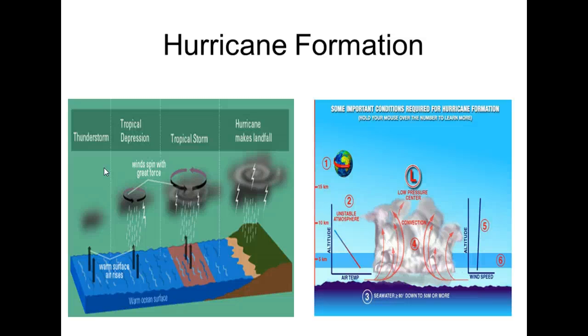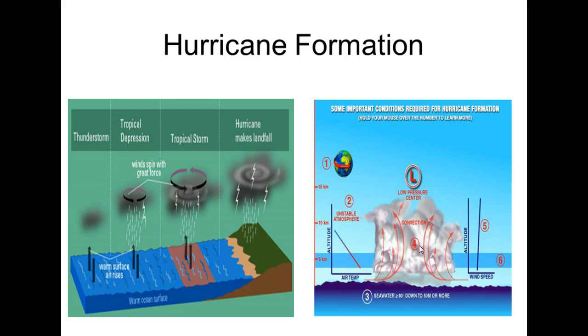Let's look at the formation of hurricanes in a series of steps, and once again, get them in your notes. In step one, as the air rises and forms clouds, more warm, moist air is drawn into the system via convection, like you see here on the right. Remember, we're over the ocean now.